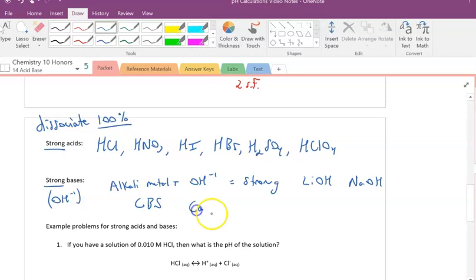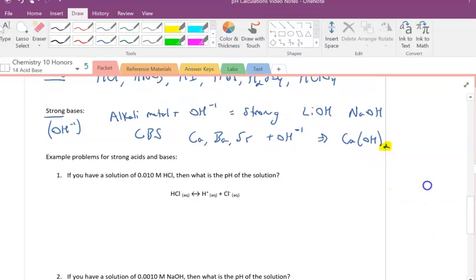That's calcium, that's the first one, barium, and then strontium. So those 3 alkaline earth metals plus hydroxide are also going to be strong. Now, because these ones have a +2 charge, you would have something like calcium hydroxide, where you have multiple hydroxide ions. So that's something to pay attention to when you're doing the math. You would have 2 hydroxides for every one of the initial ionic compound you start with.